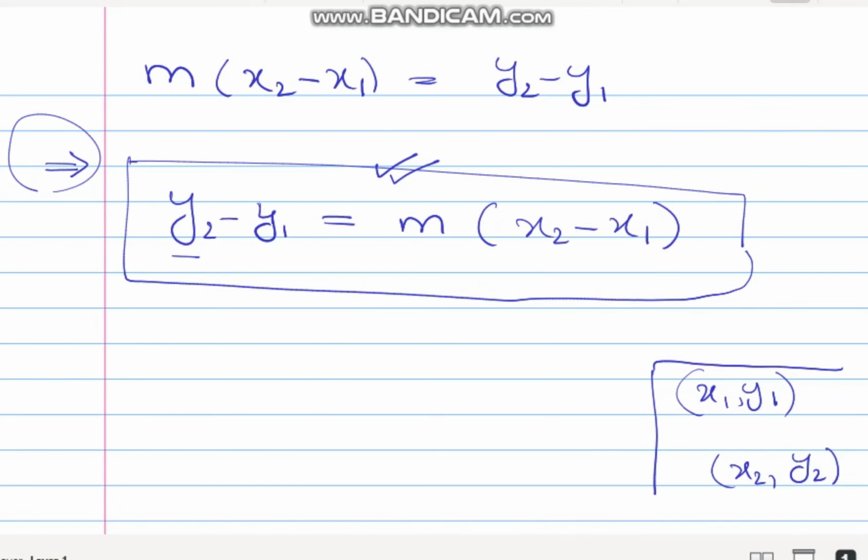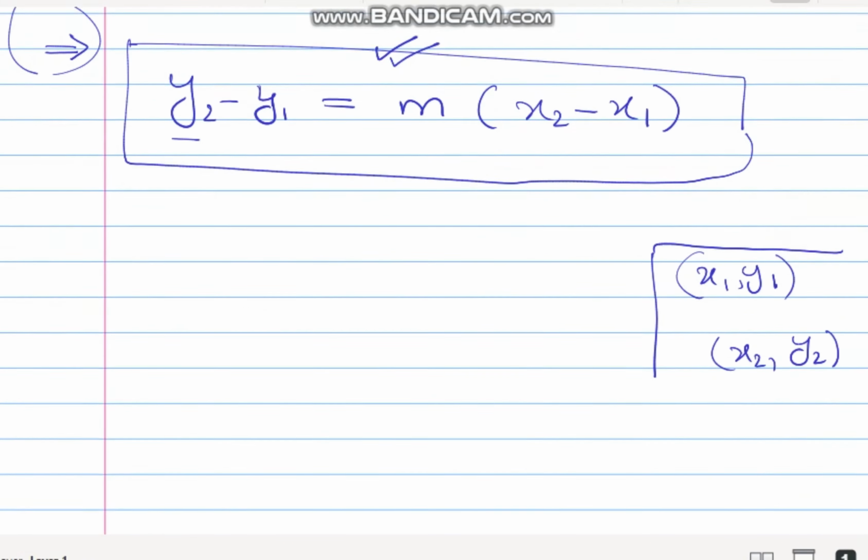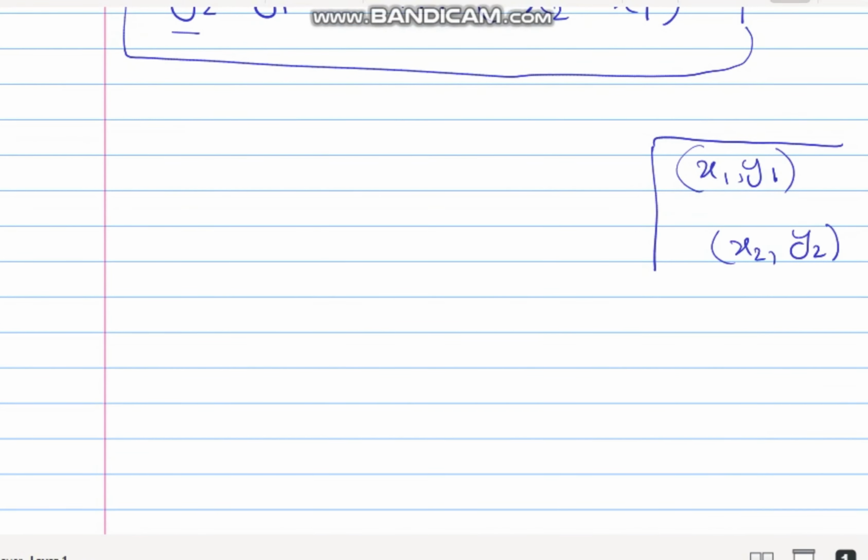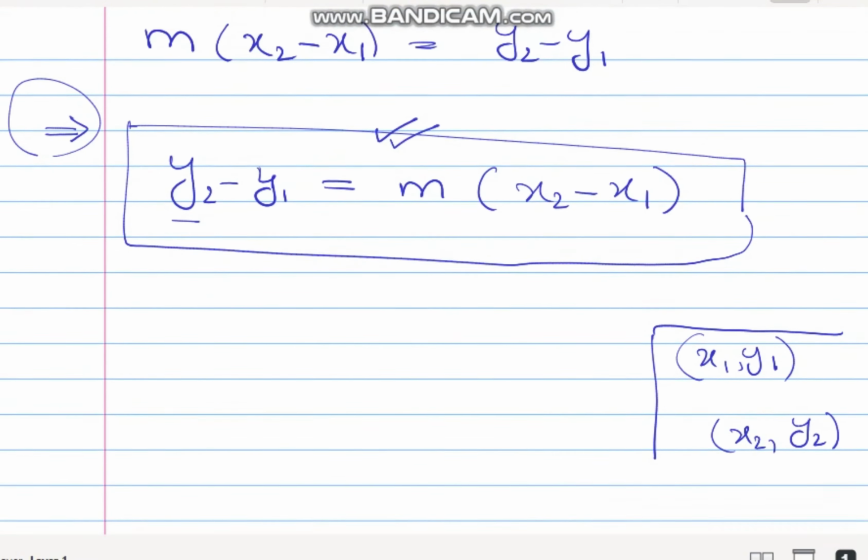So, dear students, I want to tell you the special name for this equation. If in mathematics we have x1 y1, this is a point, and x2 y2, this is another point, just for your understanding.